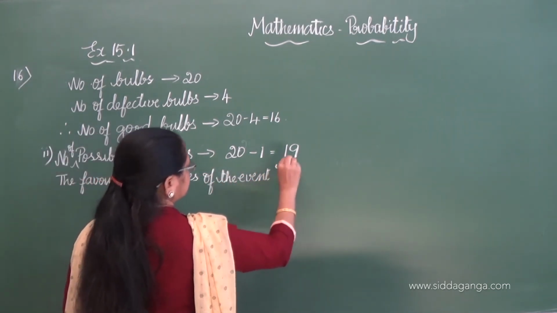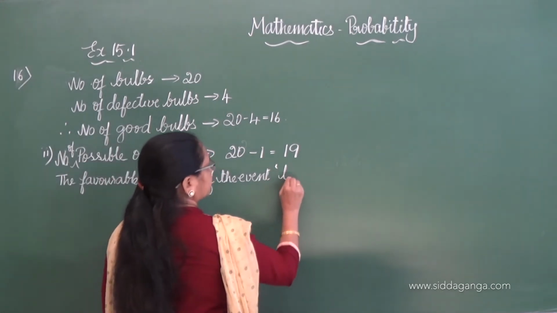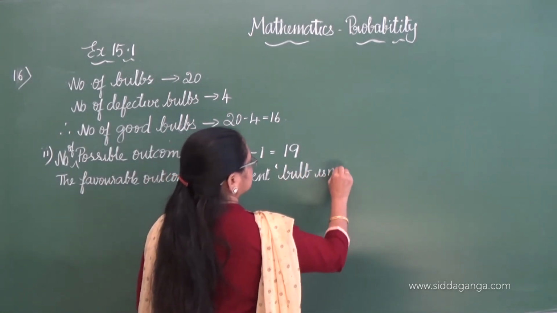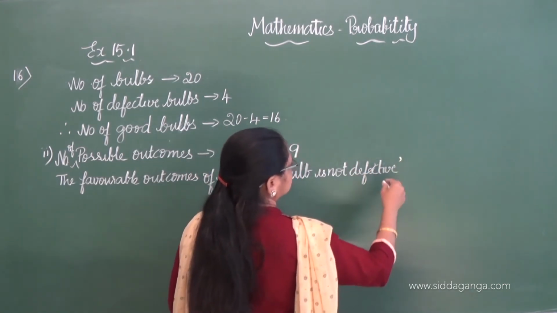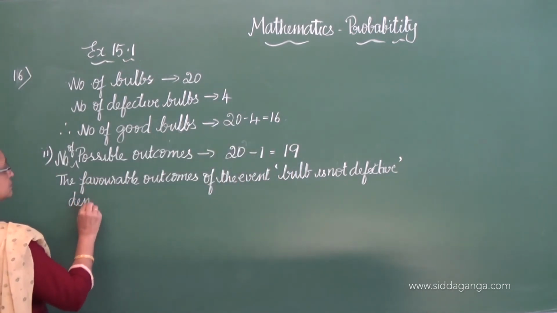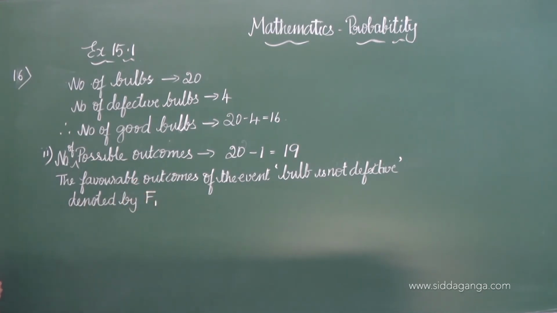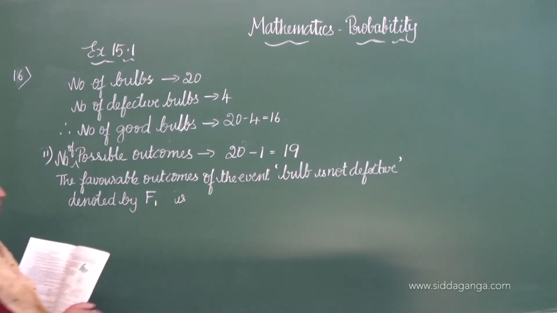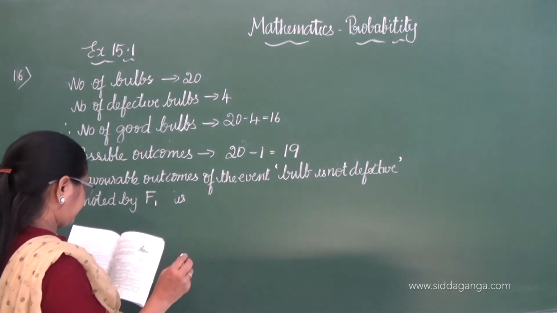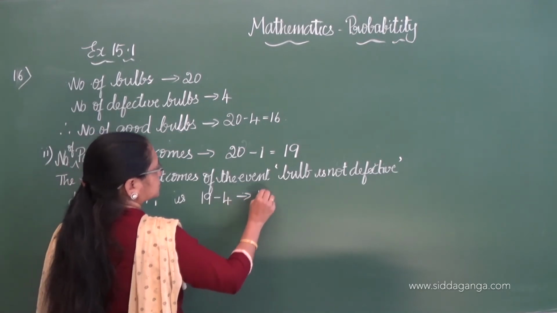The event is that the bulb is not defective, meaning it is a good one. Out of 19 minus 4, how much? 15.